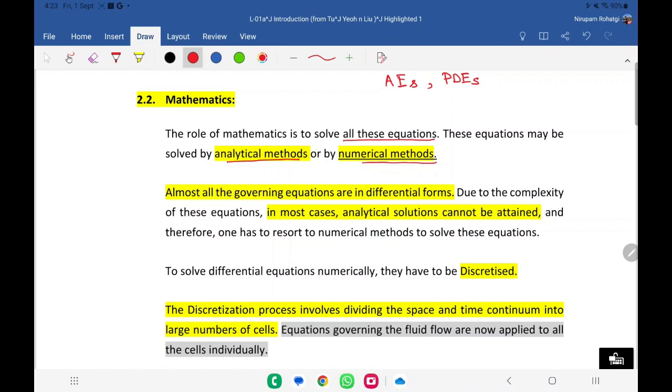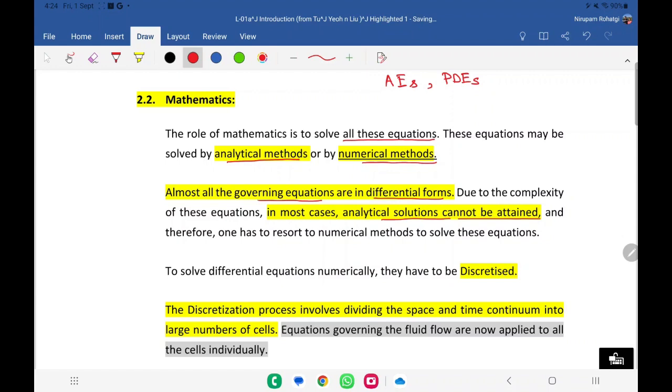Now you find that your governing equations are normally in differential form, and in most cases analytical solutions cannot be attained. The problem is that we are unable to find analytical solutions to differential equations.